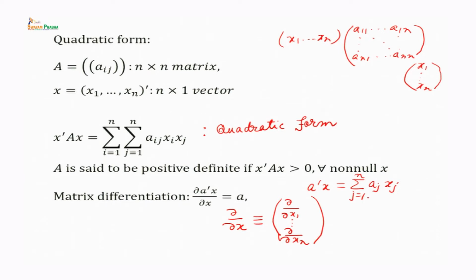Suppose you differentiate it with respect to x 1, then what you get? A 1, the first element of A. If you differentiate it with respect to x 2, then you get A 2, the second element of A, and so on. If you differentiate with respect to x n, then you get A n, the nth element of A.